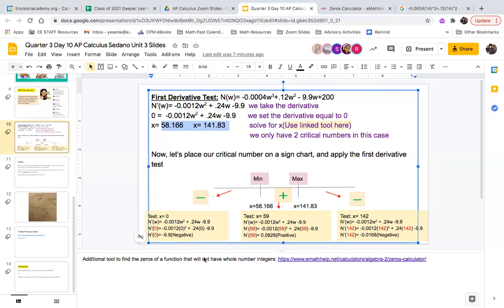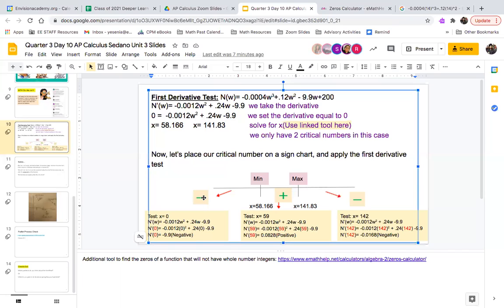Rosa asked if the critical points are representing the answers for number 2 and 3. No, critical points are just a step to help you. Usually in your first derivative test, they help you determine if you have any minimums or maximums. In addition, the first derivative test tells you how your function is behaving.